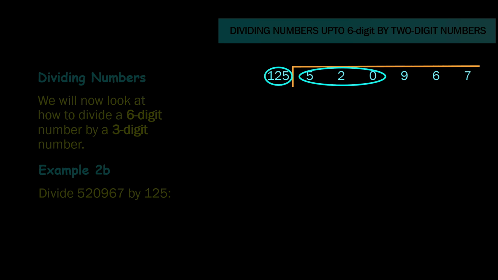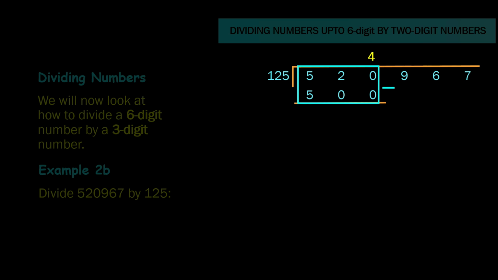Now check how many times 125 goes into 520. There are 4 125s in 520, so we put 4 here. Now multiply 125 by 4 to give 500, and put 500 here.